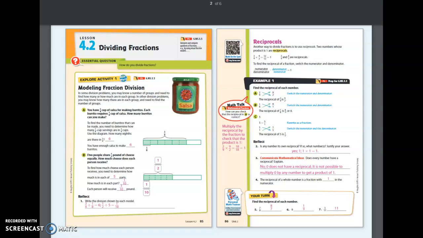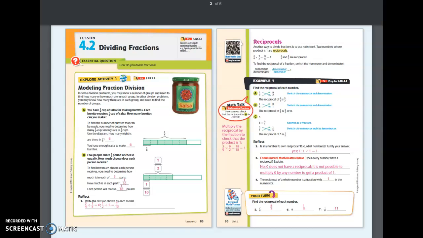To find the reciprocal of each number, again, if I have 2/9, I flip it over into 9/2. The reciprocal of 2/9 is 9/2. The reciprocal of 1/8 will be 8/1, or 8. For 5, the reciprocal would be 1/5. I would rewrite it as a fraction of 5/1 and then flip it over to make it 1/5.